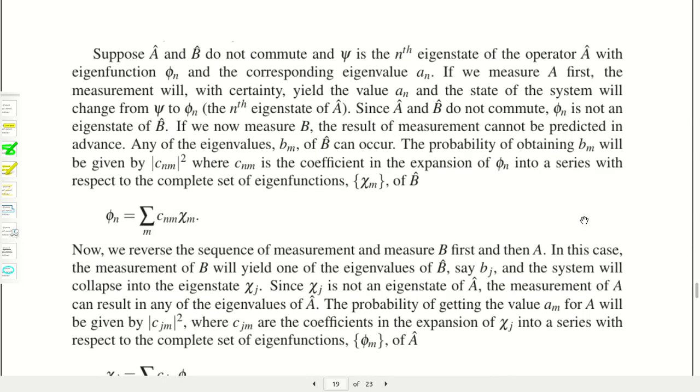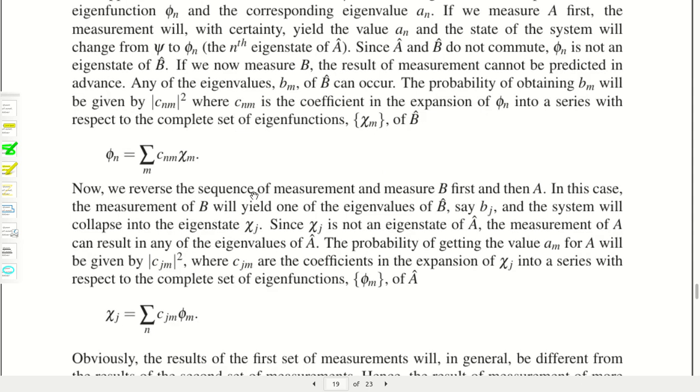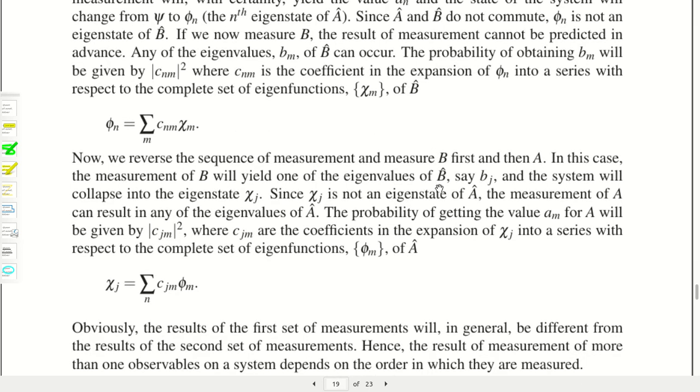You can see that for the A operator I have written the eigenfunctions as phi, and the eigenfunctions of B as chi. I am again repeating my explanation for the reverse sequence of measurement.